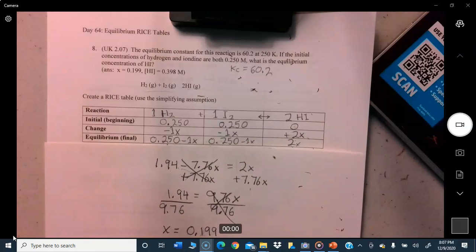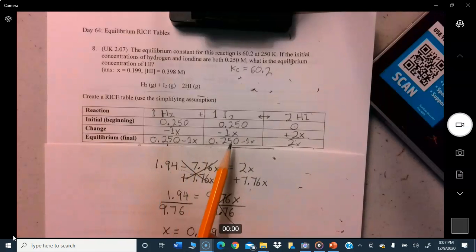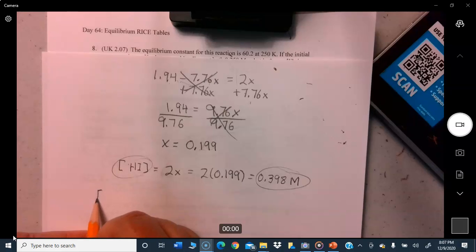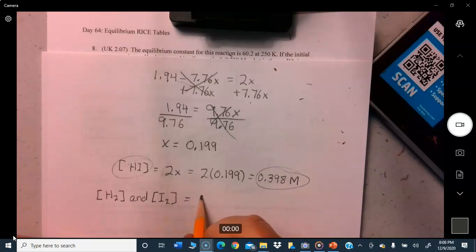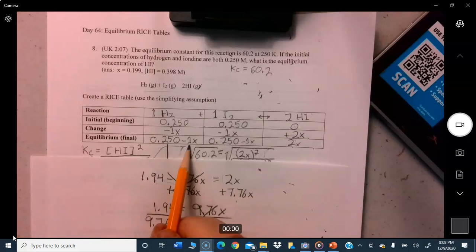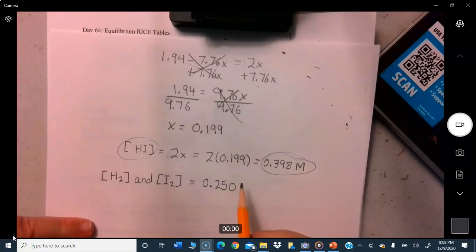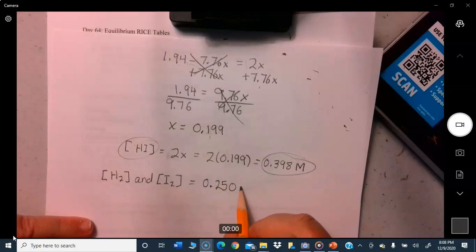Come back here. Concentrations of H2 and I2 are going to be the same. So we'll do that: 0.250 minus 1x, so it's just minus x, so it's just minus this.